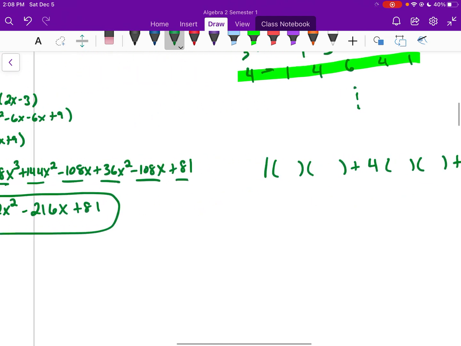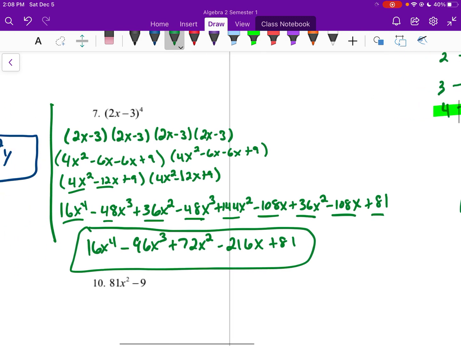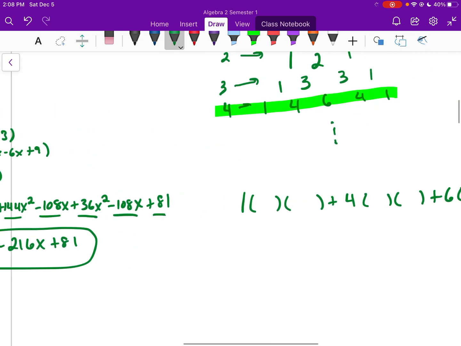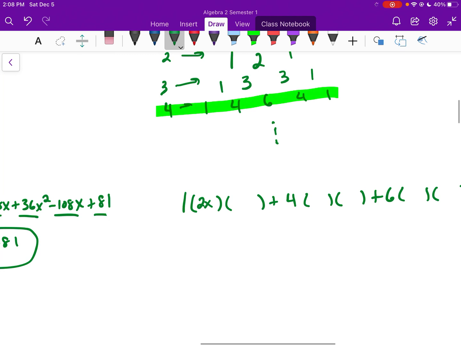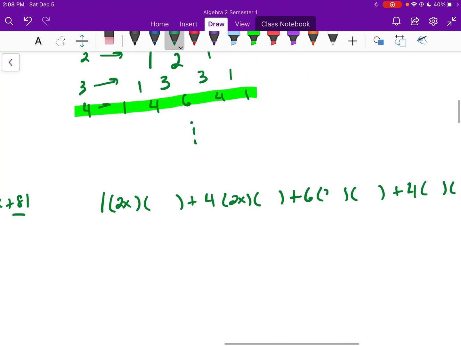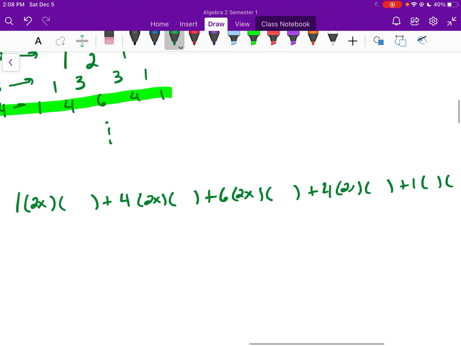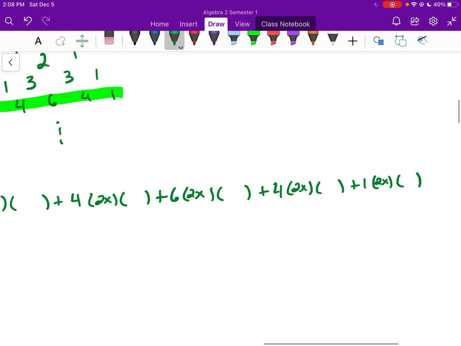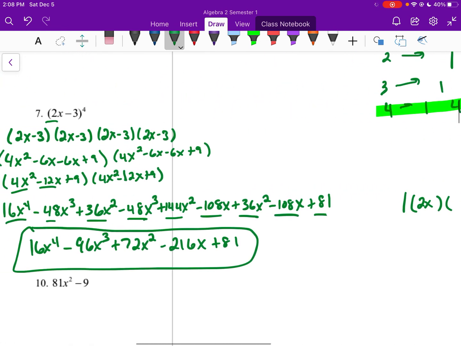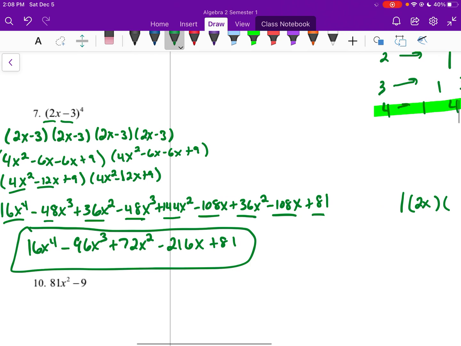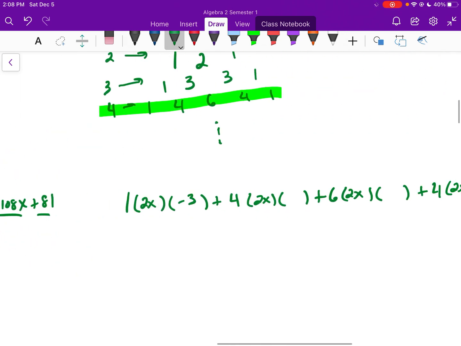And then in the first parentheses, you're going to use the first term, so 2x. So 2x goes in the first parentheses for each term. And then for the second parentheses, you use the second term of the binomial, so negative 3.